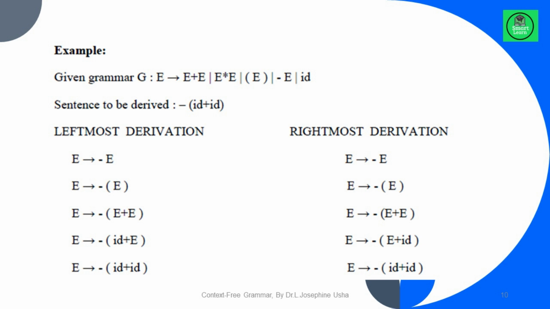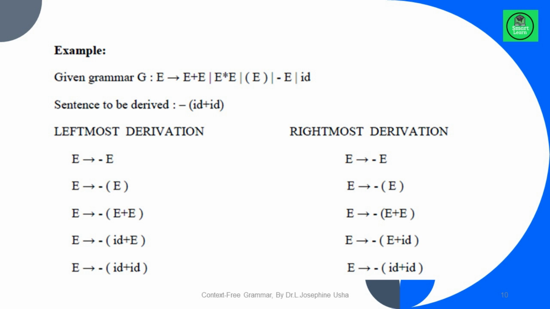For example, the sentence you have to derive is minus of id plus id. The first symbol is minus, so you have to apply the production E tends to minus E. Then the next symbol is a bracket, so instead of E you replace this by bracket of E. Then we need the sentence id plus id, so this non-terminal E can be replaced by E plus E. Now we apply the leftmost derivation.